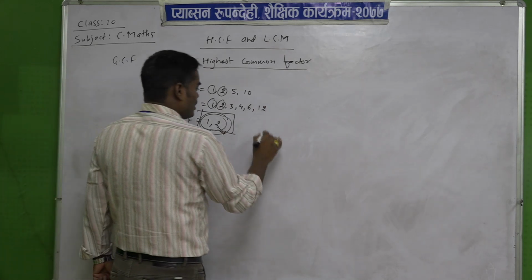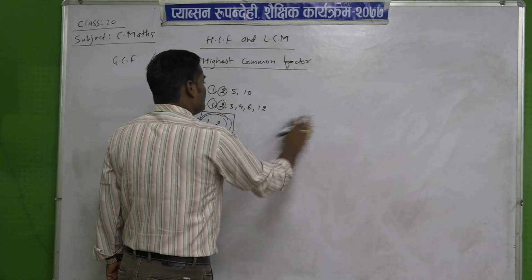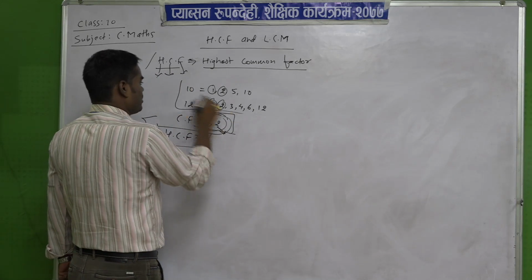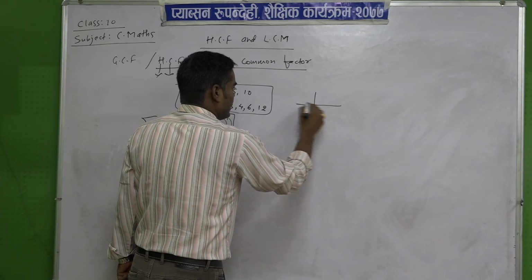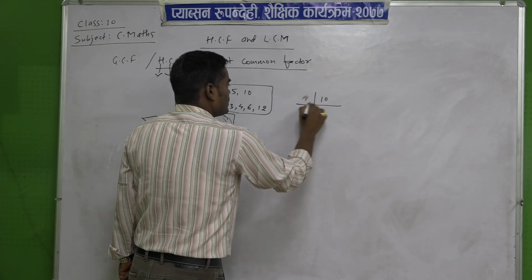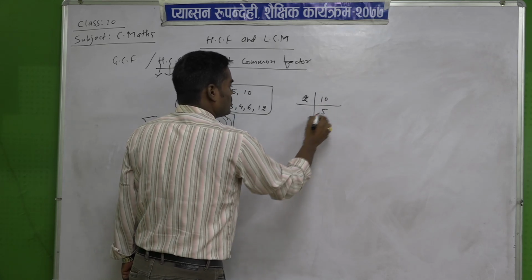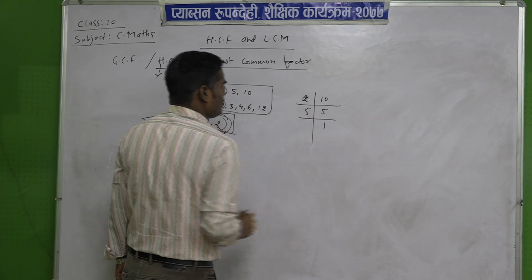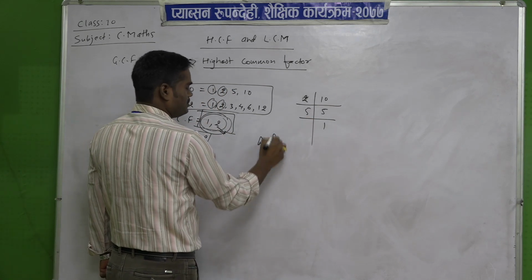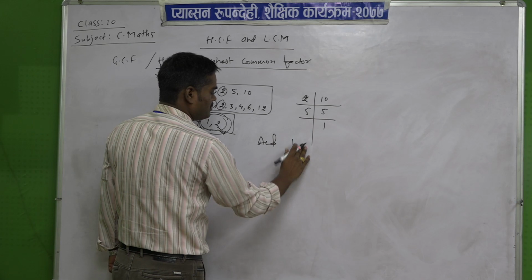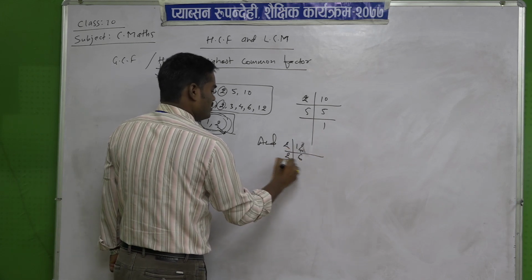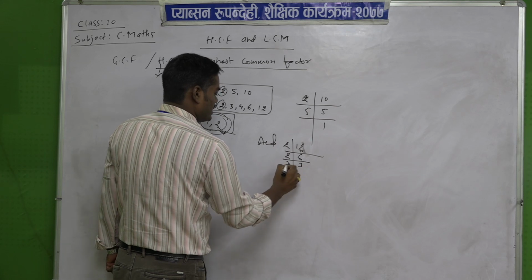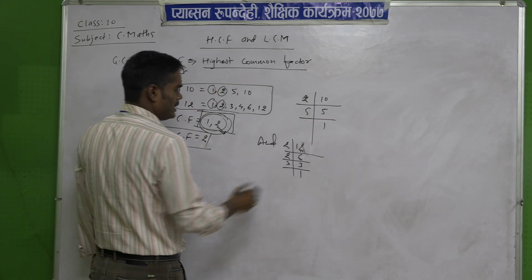And now we will solve a lot of numerical problems about the HCF, like see here 10. So, find the prime factors. 2 5s are 10, 5 1s are 5, and 12, 2 6s are 12, 2 3s are 6, 3 1s are 3.